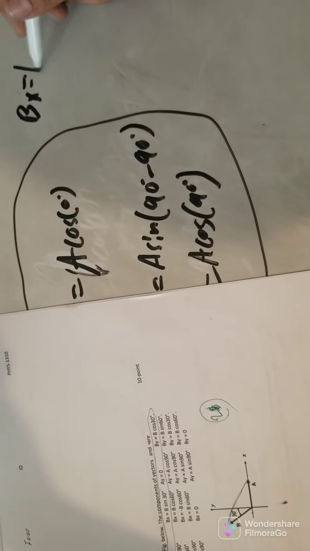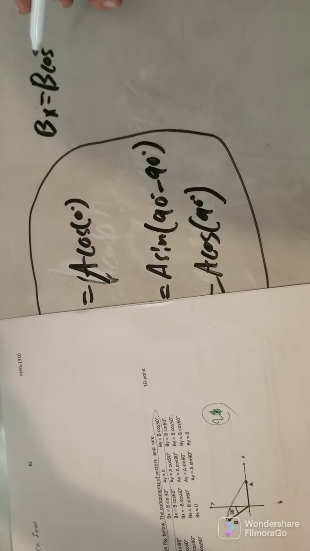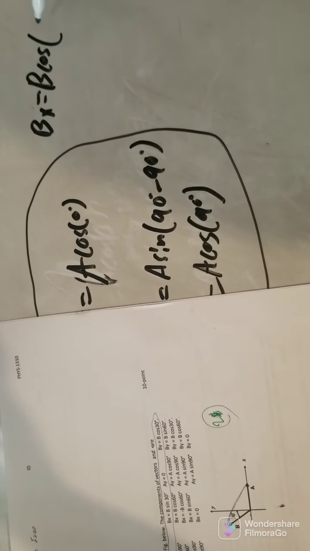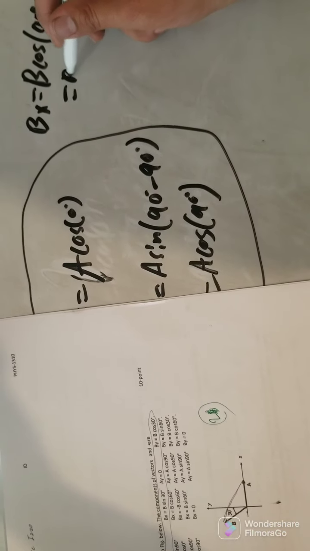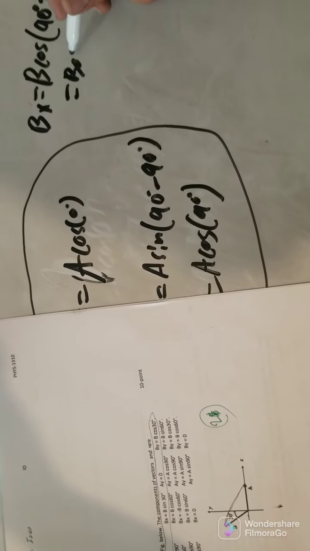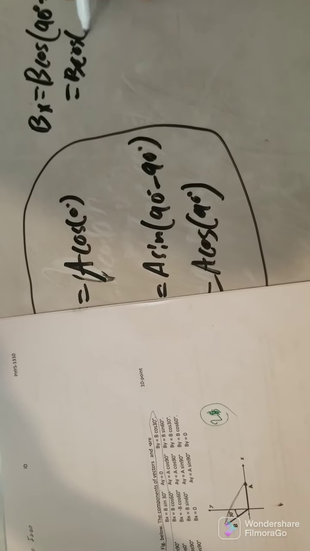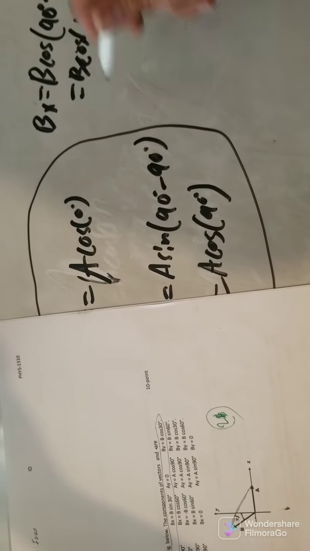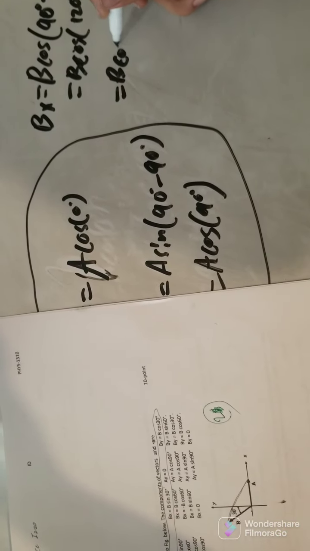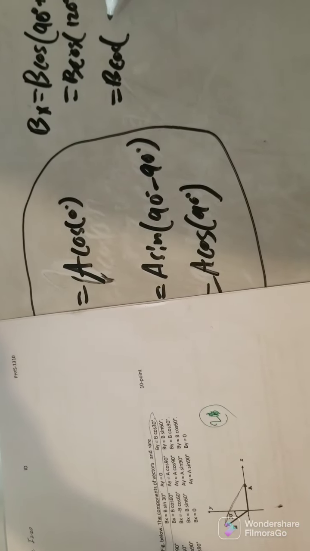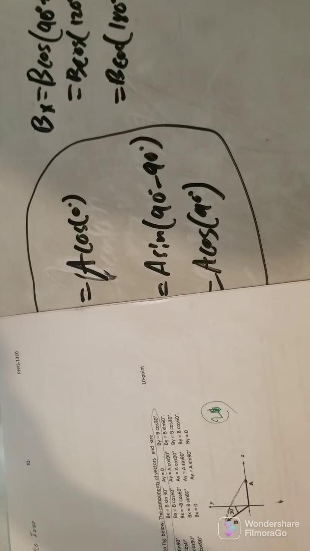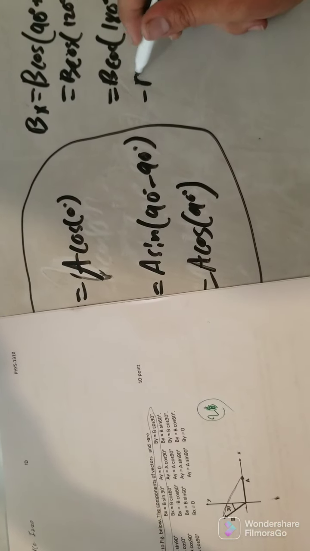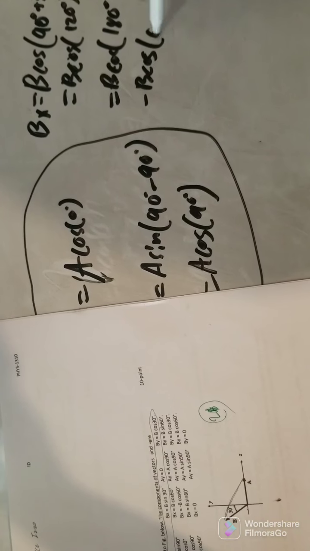So B cosine of 90 degrees plus 30 degrees is equal to B cosine 120 degrees, which is equal to B cosine of 180 degrees minus 60 degrees, which is negative B cosine 60 degrees.